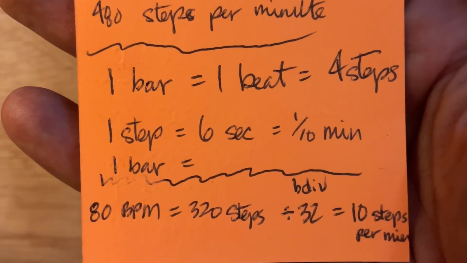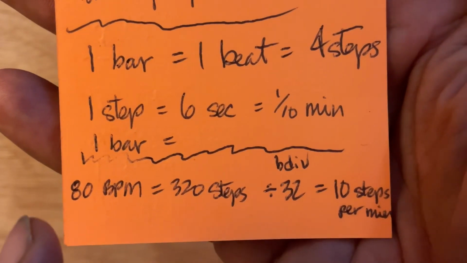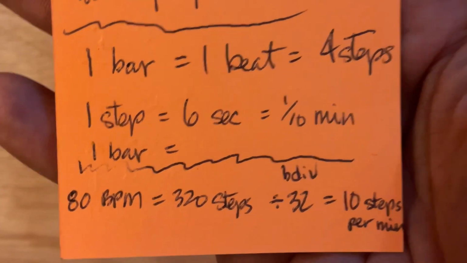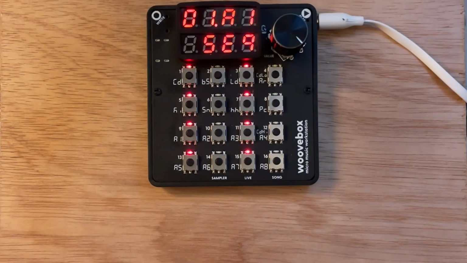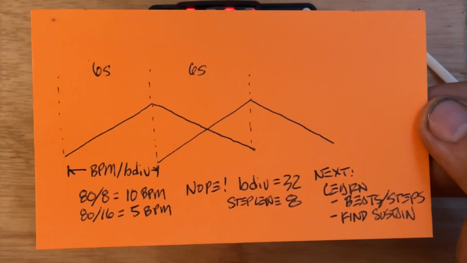It was correct. So with a beat division of 32 at 80 beats per minute, we get 10 steps per minute. And then I found the manual page that says that each step is a quarter note, and that solved all the problems. So what we're hearing right now is 6 seconds up, 6 seconds down with the fade between the two.